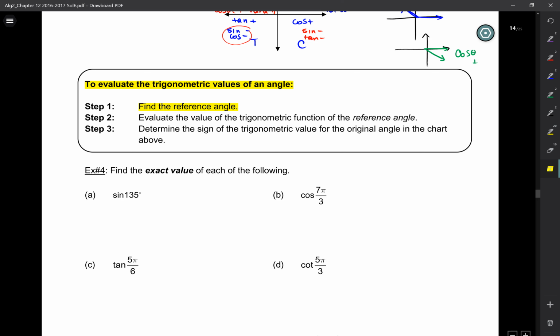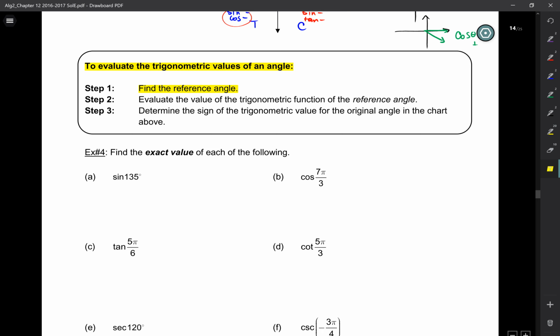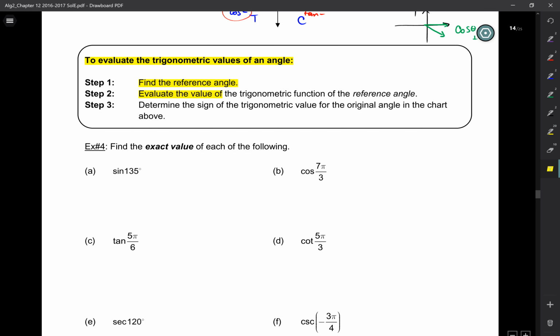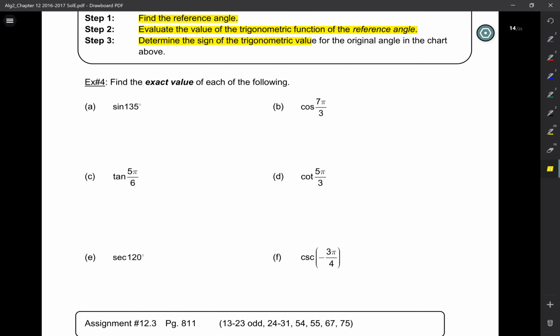Find the reference angle. We can do that now, okay? Evaluate the value of the trig function of the reference angle. Determine the sign of the trig value using the chart above. Okay, it sounds a little confusing. We can do this. Let's do this first one.